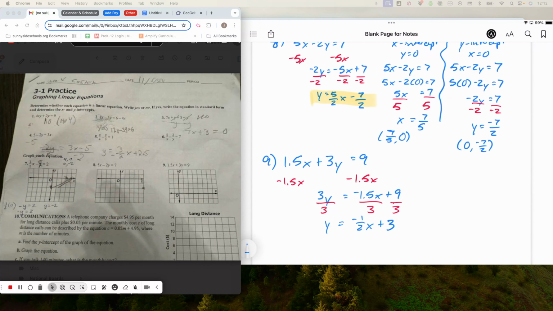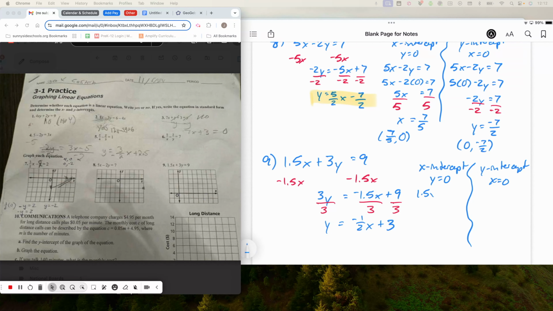This one we should be able to graph pretty easily from that information. I am still going to do the x and y intercept just to show how to do that. So the x-intercept happens when y is equal to 0. Y-intercept happens when x is equal to 0.